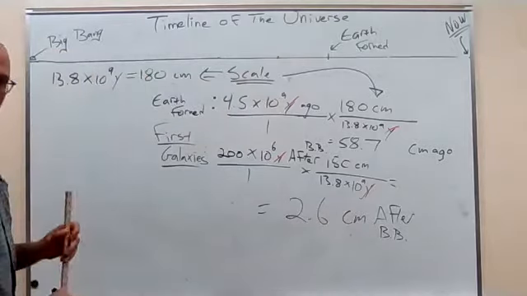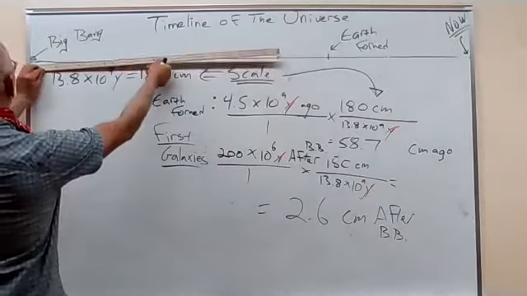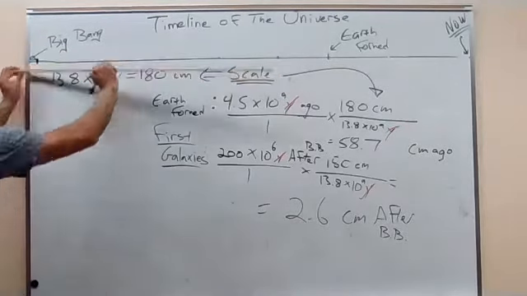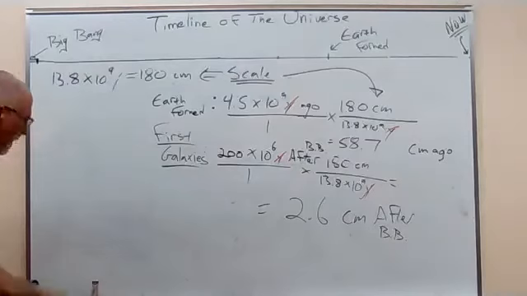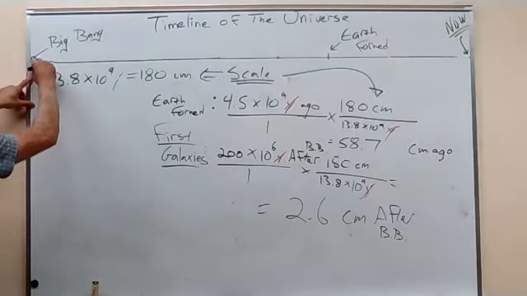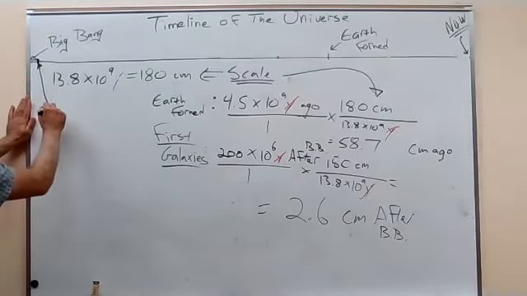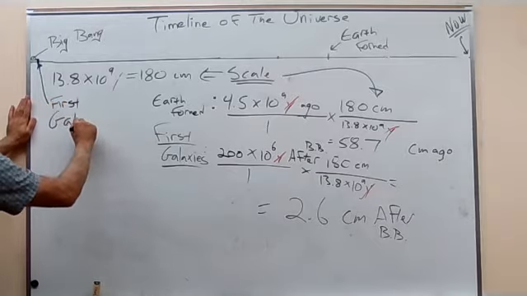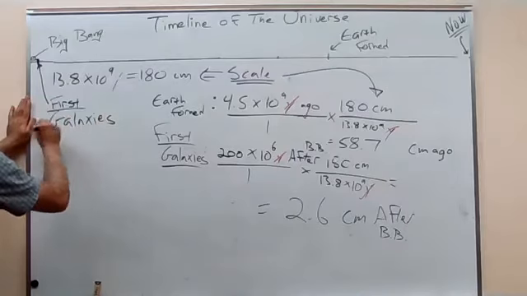And the next thing I do is take my ruler and make a little mark right around here. So if you're looking at the scale of my timeline, right around here, this tiny little increment is first galaxies formed. And I draw a cool looking picture on my illustrated timeline.